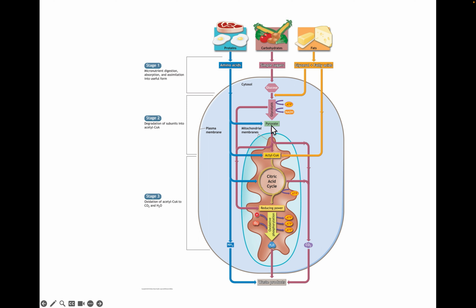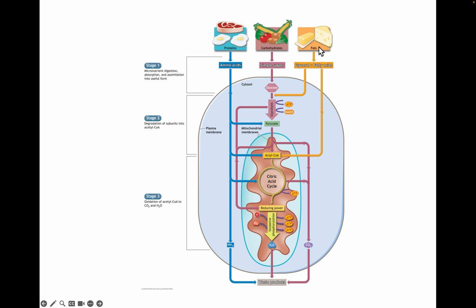Now, pyruvate is the end product of glycolysis as well, but the protein itself is not used in glycolysis. Essentially, protein broken down creates additional pyruvate, which again is used in the mitochondria with our oxidative energy systems. But protein itself is not used in glycolysis.